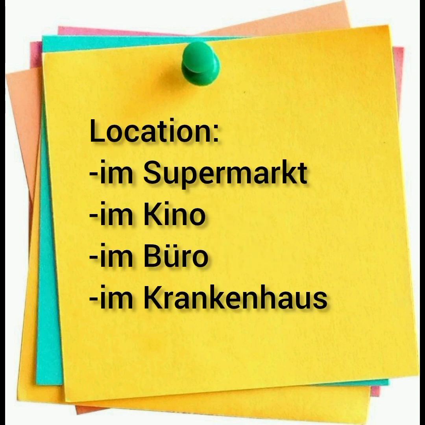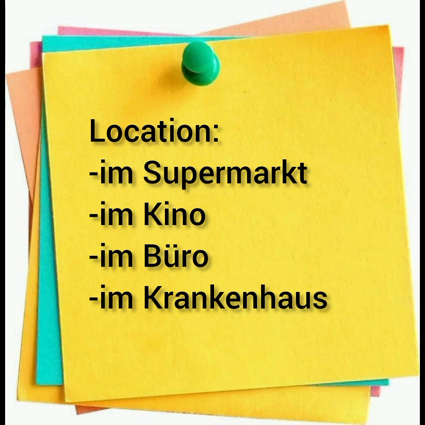Then we also use im for location, when you want to show where somebody is. Remember, specifically for masculine and neuter nouns. Im Supermarkt. For example, you want to say, I am in the supermarket. Ich bin im Supermarkt. Im, because Supermarkt is masculine.